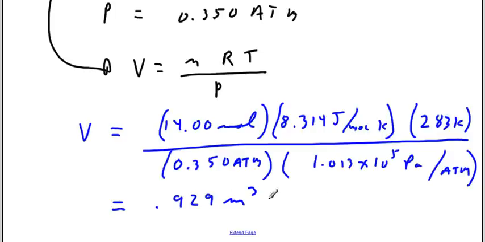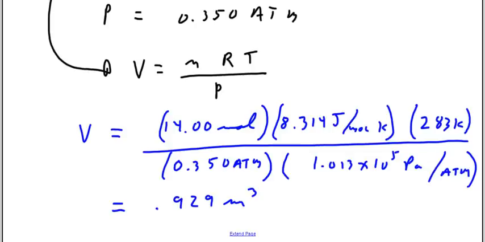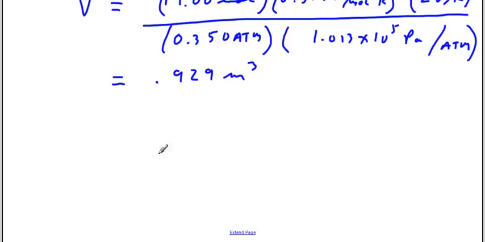Now for the B part of the problem, I'm going to change the atmospheres and I'm going to change the volume. So volume is going to go to 1/2 my initial volume, so that's 1/2 of 0.929.